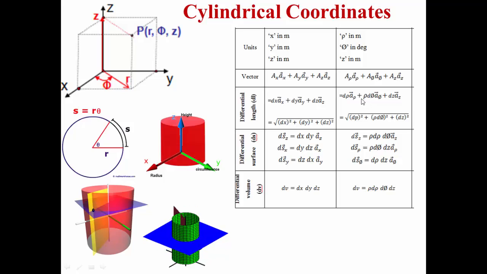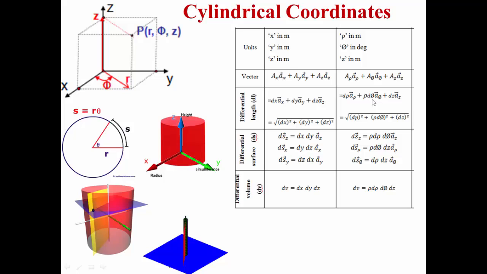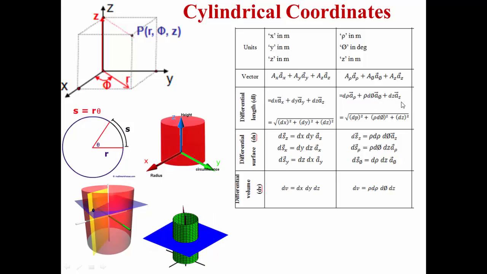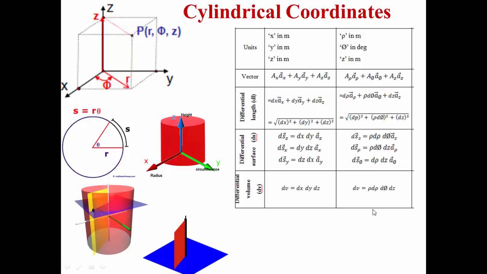Now, instead of this r value, we have rho, then the change of circumference is d phi. Then for the height it is dz into az. Here also you want to take the magnitude of this, just ditto of the previous case.